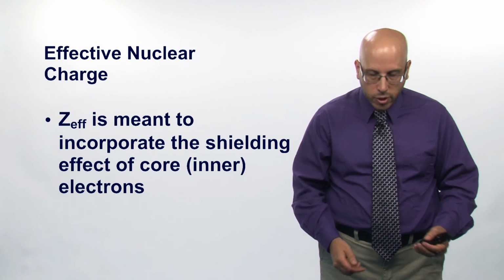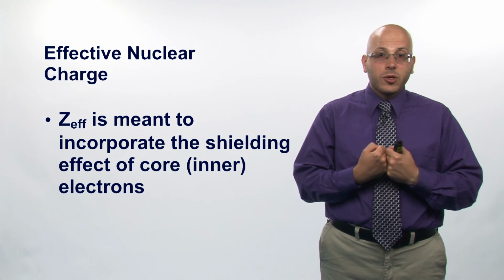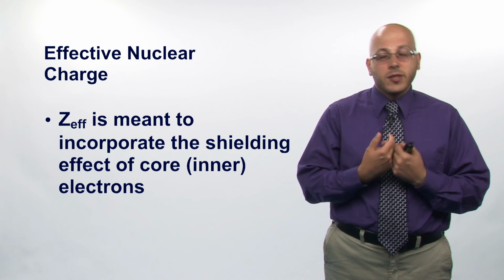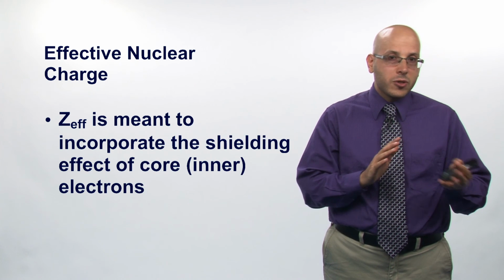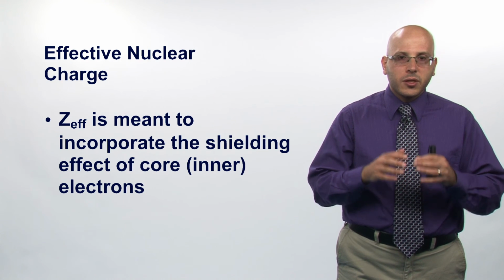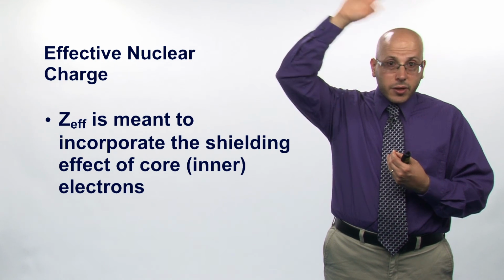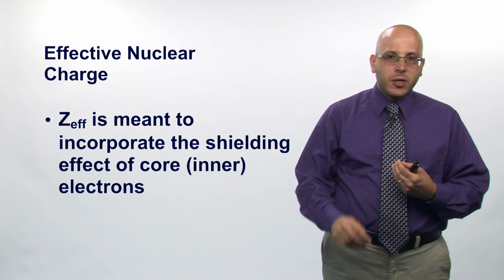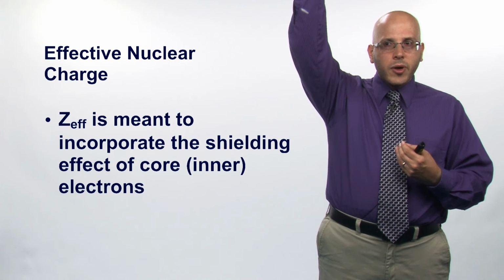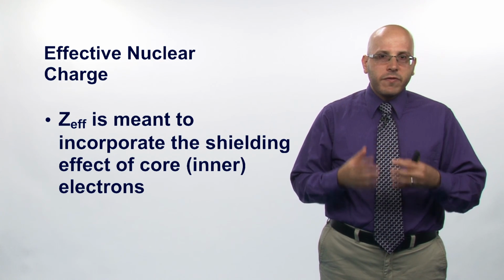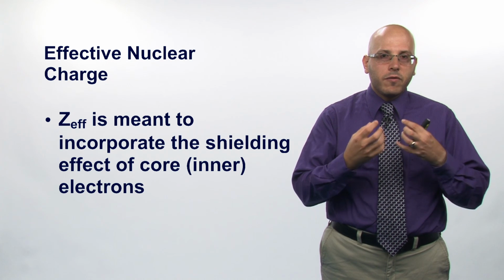So what does that mean? Well, let's pretend that I'm the center, the nucleus, and I have all of these protons inside of me, as well as neutrons, but they don't have a charge, so I don't really worry about them. The protons in the middle have a positive charge, and the electrons on the outside have a negative charge. But the valence electrons all the way at the end don't really feel the full effect of the nucleus.